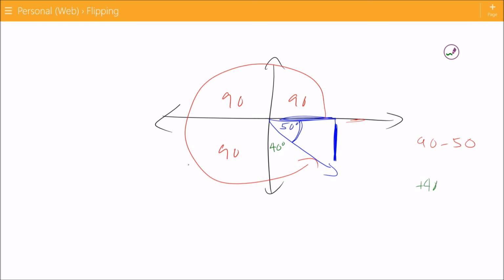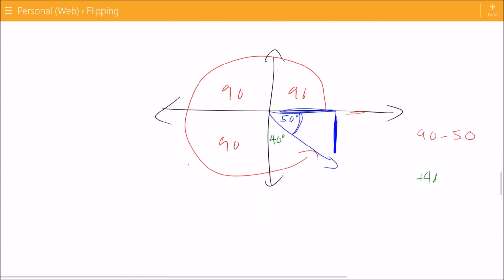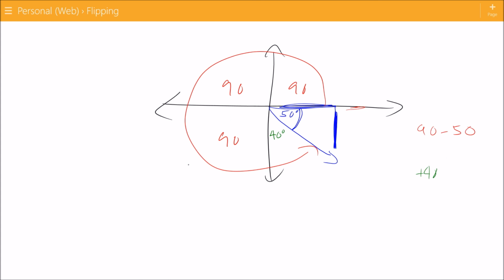The two are the same. 90 minus 50 is 40. Notice that your angle in this case is not added directly as it was up here. It depends on where your vector points, where your angle is made. That's why you should always sketch it so you have a very clear idea of whether you should add or subtract. Okay?